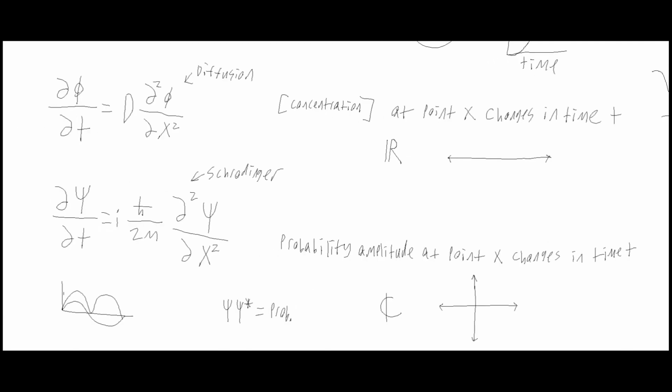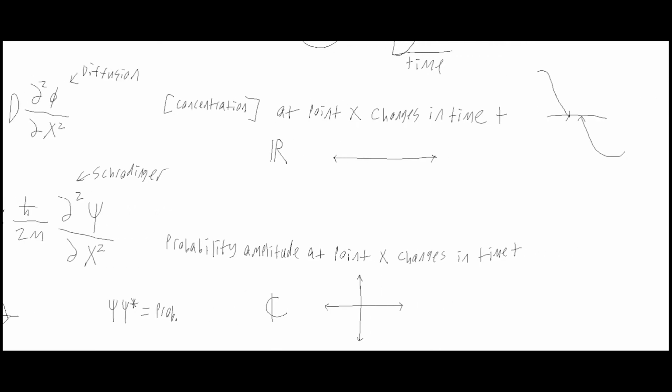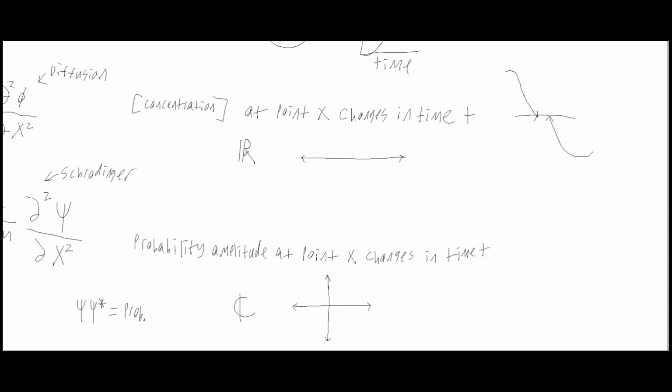The difference with the Schrodinger equation, as I said, is because of this imaginary number here. So instead of using the real number line, we're using the complex number plane, the complex plane, where you could imagine that this right here would be the equilibrium concentration.